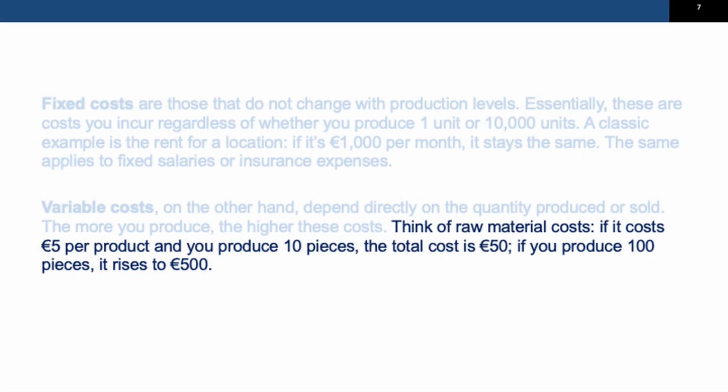For instance, if raw material costs $5 per product and you produce 10 pieces, the total cost is $50. If you produce 100 pieces, it rises to $500. This distinction is crucial because it helps us figure out how much we need to sell to cover all the costs, the total costs.